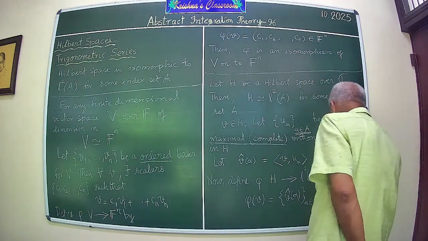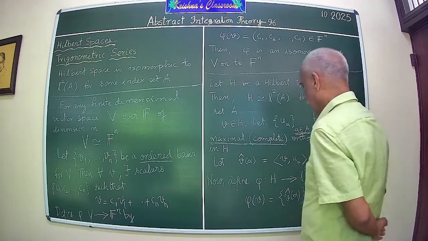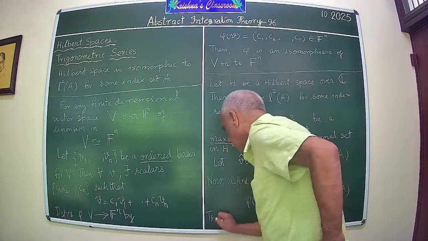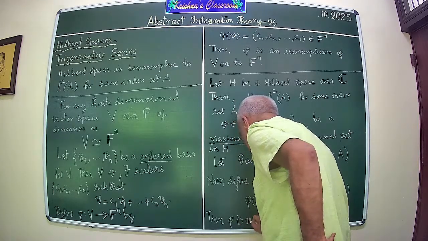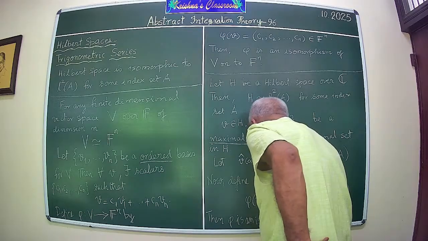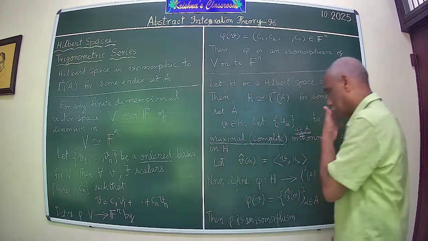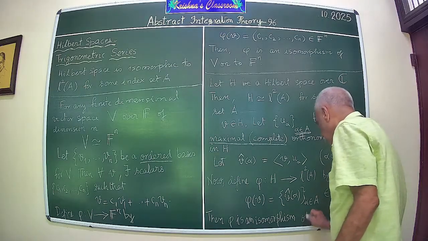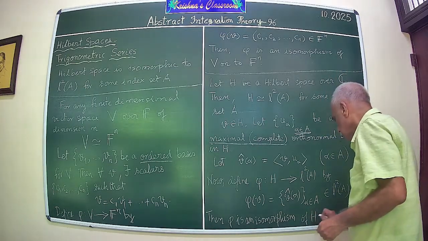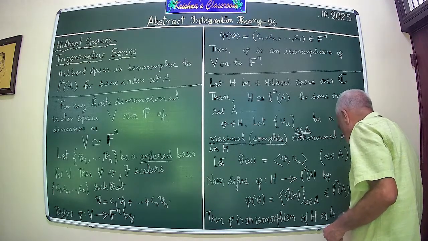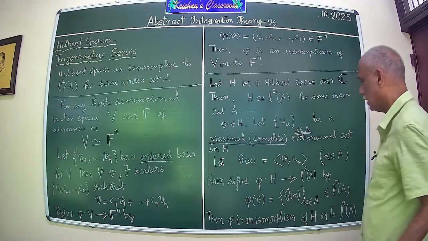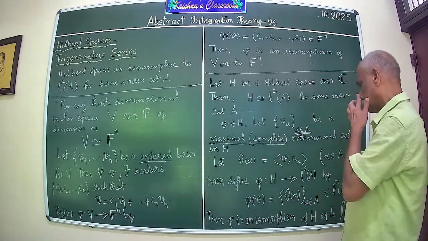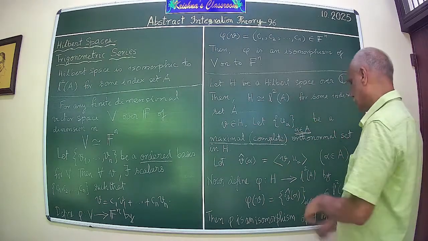So you know that this is an element of L2(A), and v is an element of H. L2(A) is also an inner product space whose typical elements are of this type: the collection of c_alpha where alpha belongs to A.